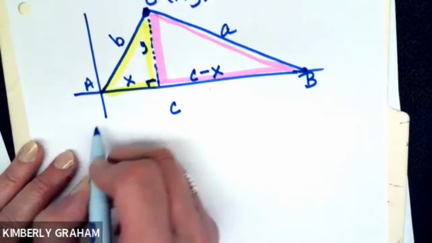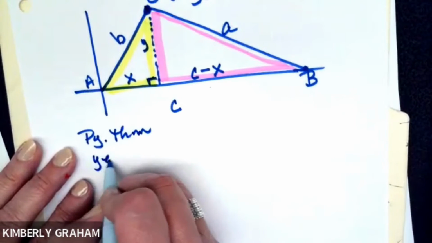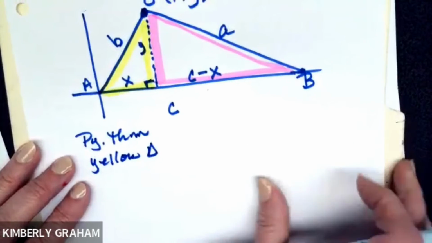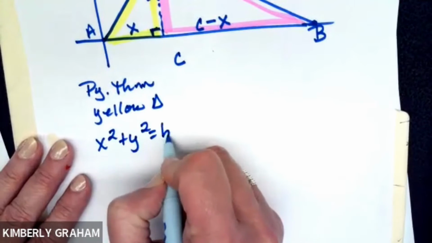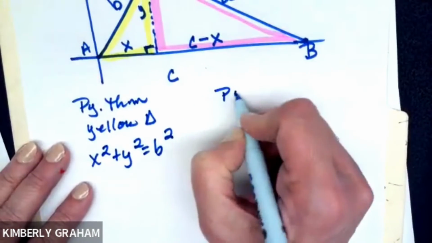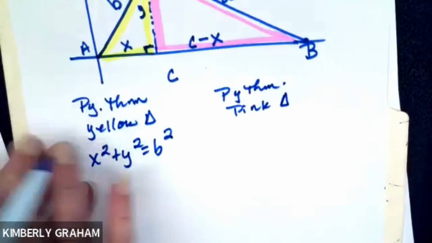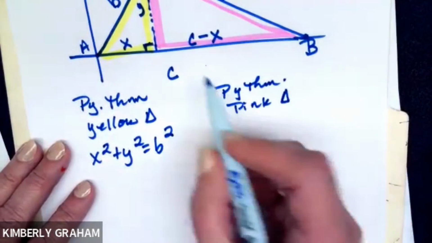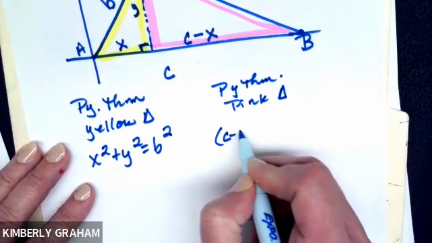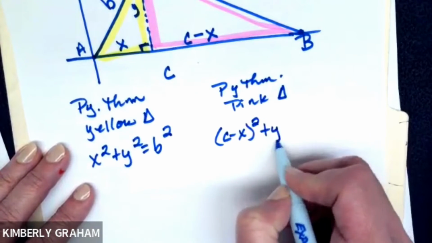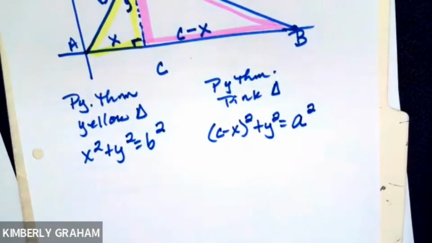So let me write this here. The Pythagorean theorem for my yellow triangle is going to be x squared plus y squared equals b squared. And then I'm going to do the Pythagorean theorem for my pink triangle. You could call it left triangle and right side triangle if you wanted to. So my two sides here are c minus x squared plus y squared equals hypotenuse squared, or a squared.